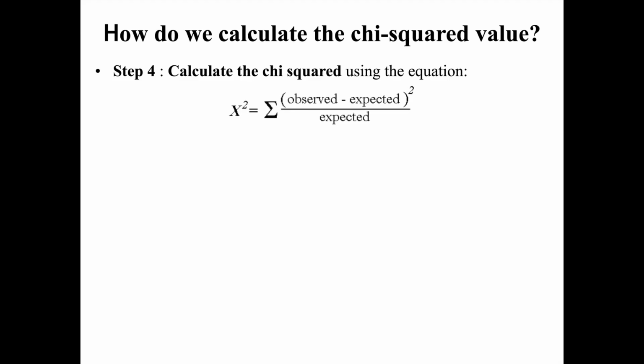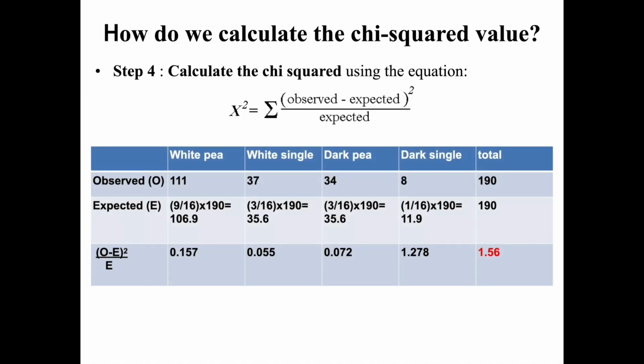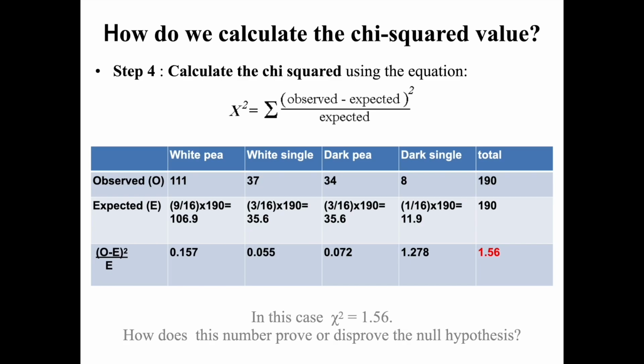And then we go about calculating chi-squared exactly as before. Notice that we sum the observed minus expected squared divided by the expected. So that last row that we just had a moment ago, we're going to add up all of the numbers on that last row, which gives us 1.56. So our chi-squared value is 1.56.